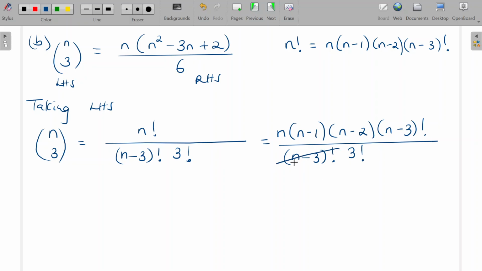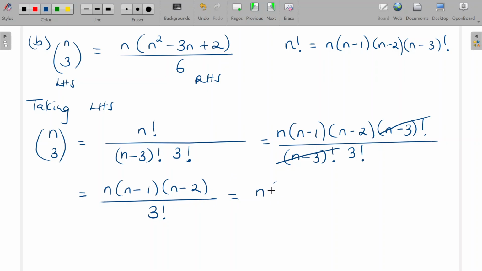So I can cancel the n minus 3 factorial. As a result, I am going to get n, n minus 1, n minus 2 over 3 factorial. Let me just expand first because they want me to have an n. So the n will remain, then let me just multiply what is here.